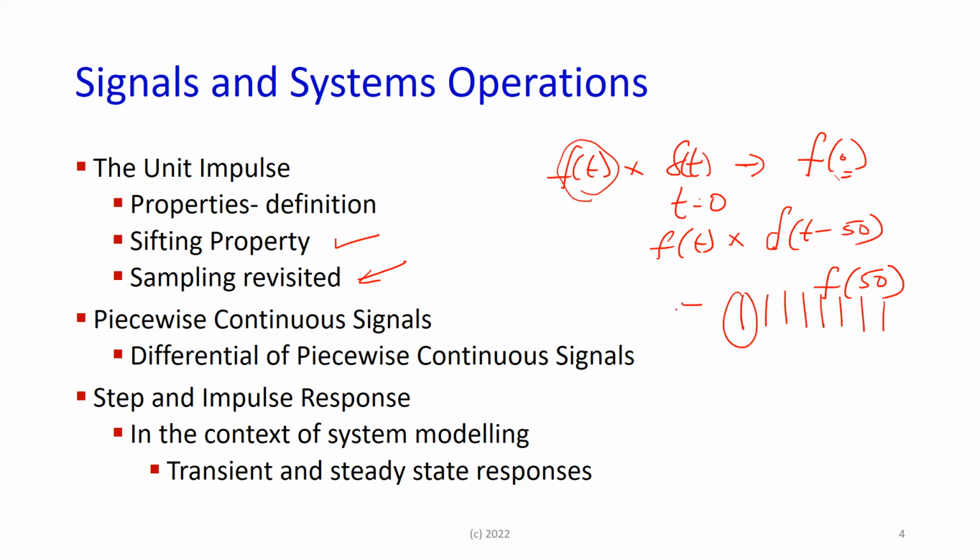So if I have a whole sum of these, it's going to extract a whole sum of values from the function, which is what sampling was about. Right? And we drew a little circuit with a multiplier, and we had some questions about varying the sampling rate and so on as well.